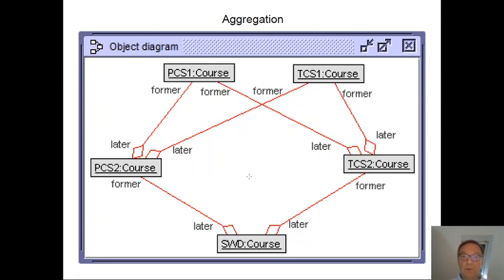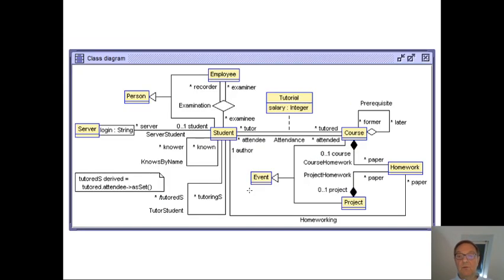We will see later that this is not allowed for the strong form of part-whole relationships, which is the filled diamond. So this acyclic graph, where sharing of parts is possible, is an allowed object diagram for this class diagram.